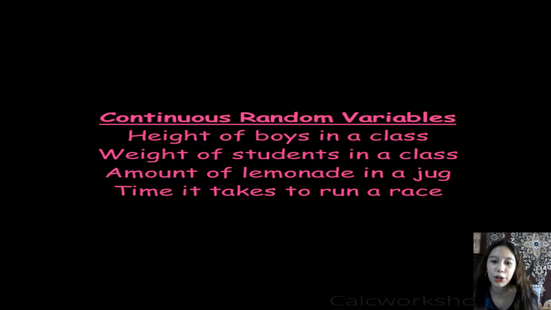We have here examples of continuous random variables: height of boys in a class, weight of students in a class, amount of lemonade in a jug, time it takes to run a race. As you can see, these examples cannot be counted. Therefore, they are said to be continuous data.